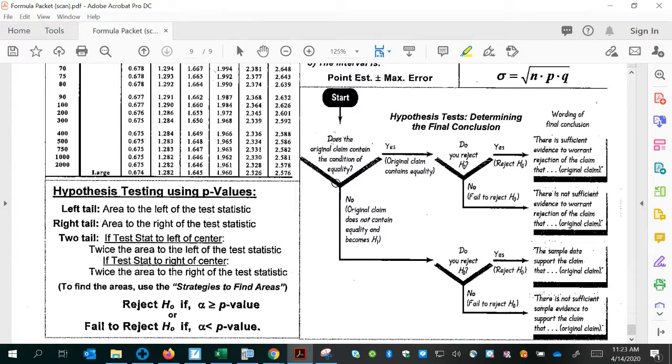In this case, yes, because the claim was that the proportion was equal to 10%. So we'll go this way. Then we ask, do you reject the null hypothesis? No, we failed to reject the null. So then the correct beginning of our final conclusion is there is not sufficient evidence to warrant rejection of the claim that the proportion is 10%.